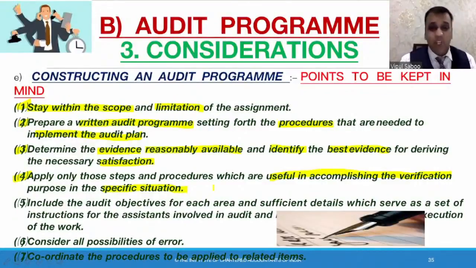But sir, we need to check the food quality. I need to check whether they are using fresh paneer or fresh milk or not. But Jay, we are not here for the quality audit. We are here for auditing the receipts and expenses, right? So we need only those checks and procedures which are useful in accomplishing the verification purpose in our situation.